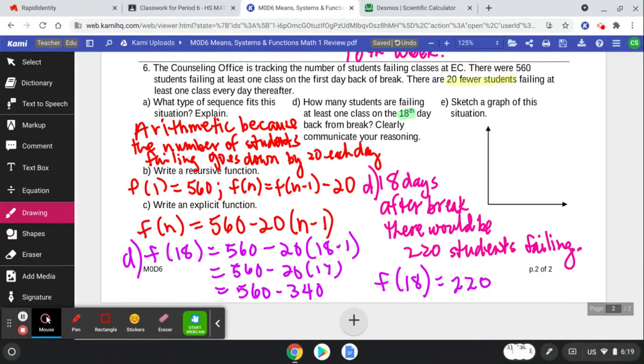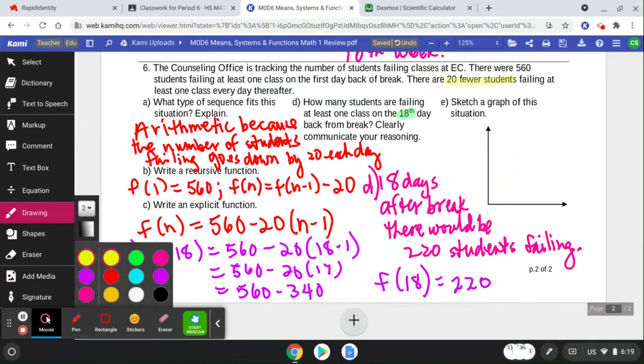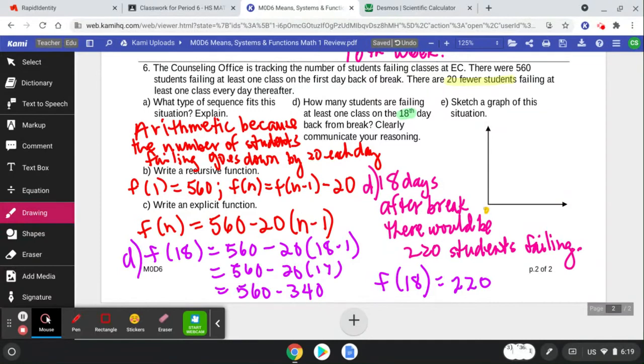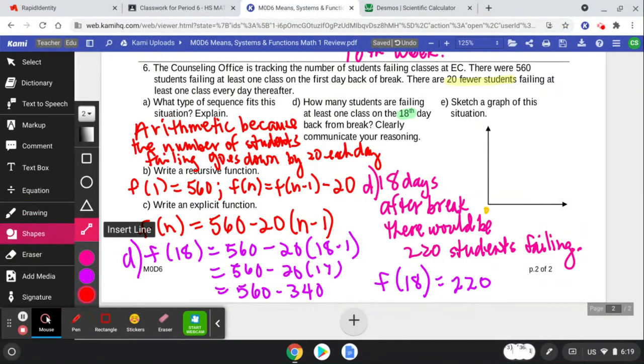Okay, sketch the graph. So we're starting at 560 and we need to move down to 220 or somewhere down there. Again, this is going to be down here at 0 somewhere. And so we're talking about a quick table maybe to reference.